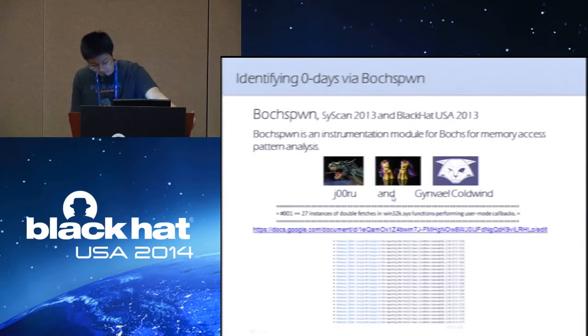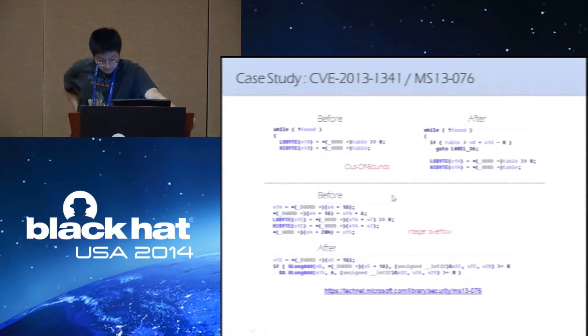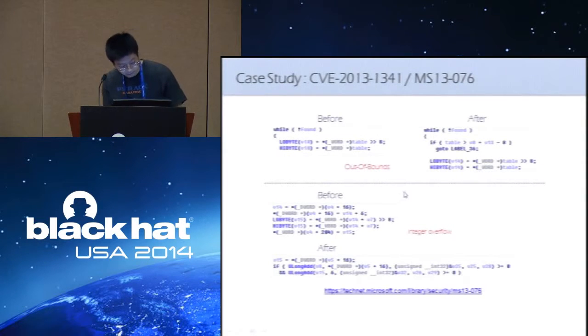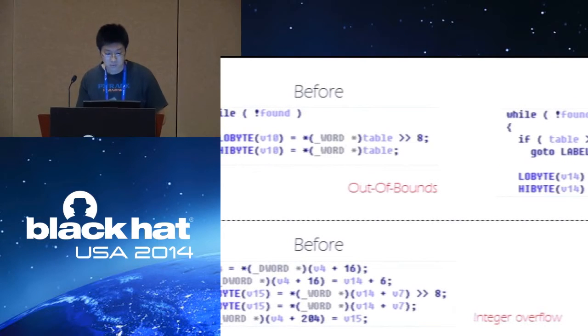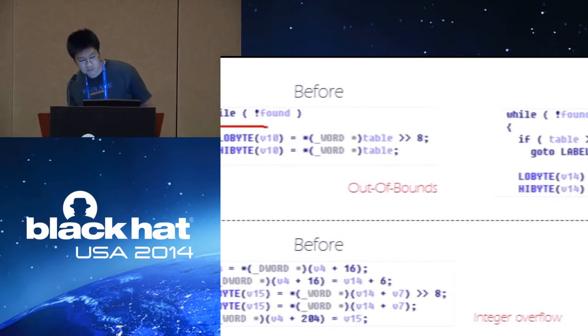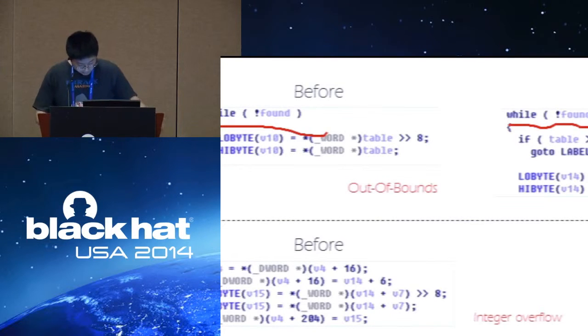I want to take this CVE as an example to simply explain what happened behind this vulnerability. The while loop is here. The while loop inside the function FSAC compute mapping depends upon user-controlled data.